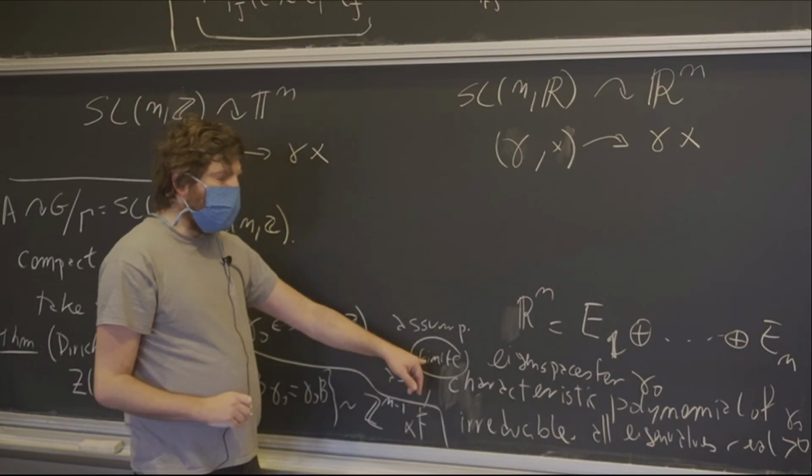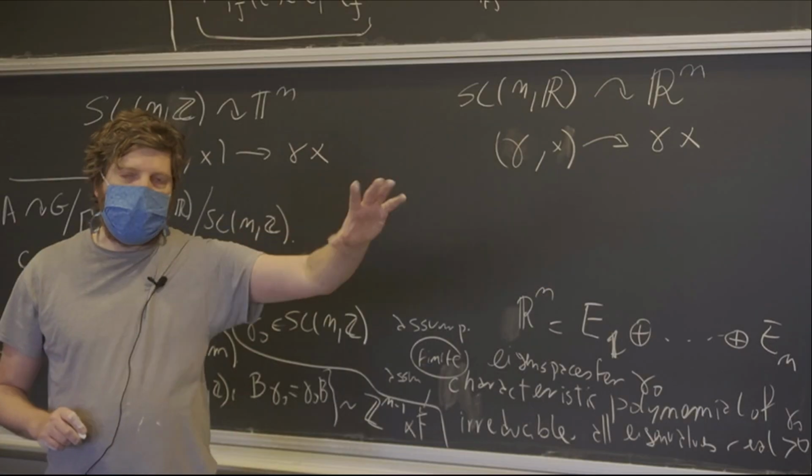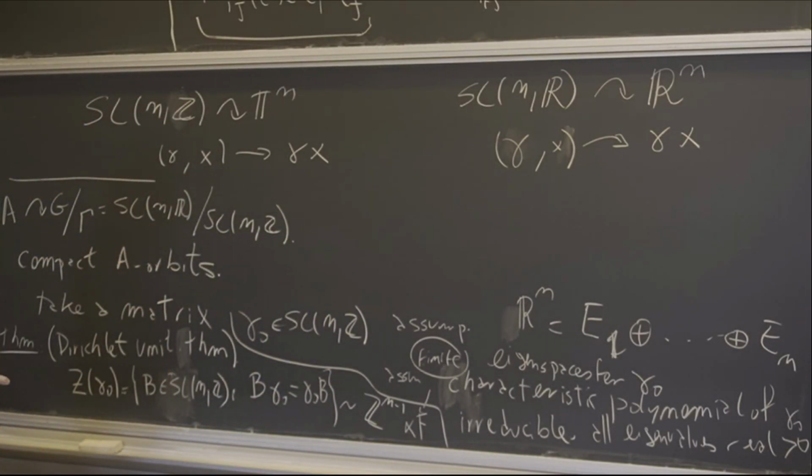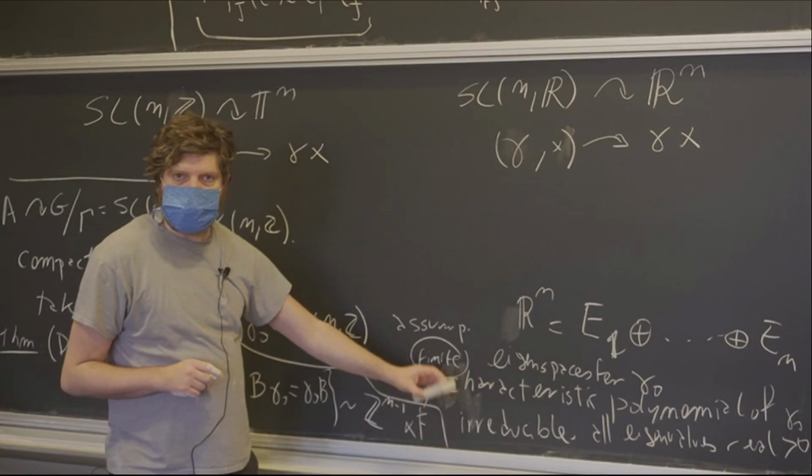And actually this finite group is essentially plus or minus the identity matrix. So sometimes you have it, sometimes you don't. There is not much more than this. So we will forget about this finite group in a second.